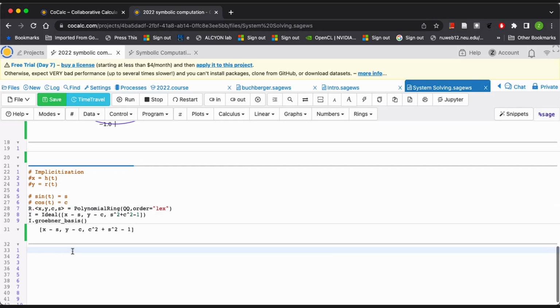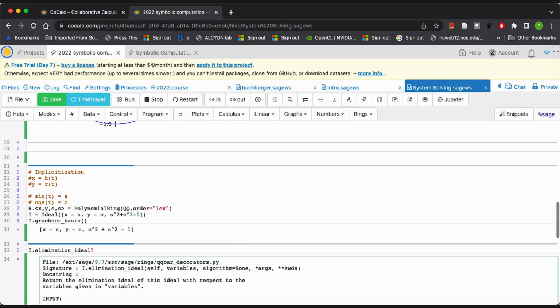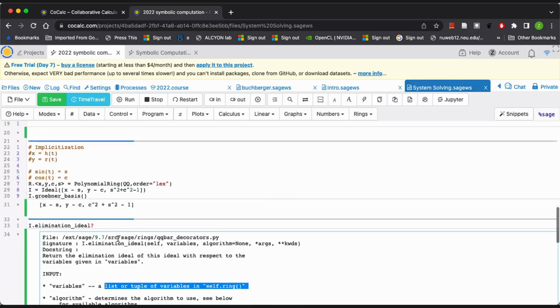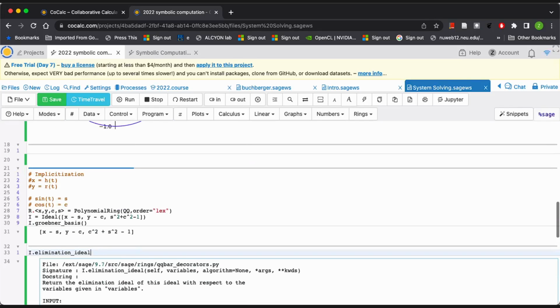That would be the implicit equation. Let's see. If I say elimination ideal, do I have such a function? I do. So I have to give the variables, and then I can define which algorithm, etc., to use. It doesn't matter. So I will say I want to get rid of c and s.